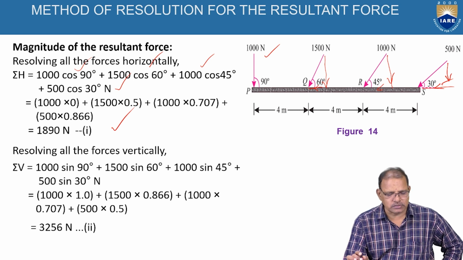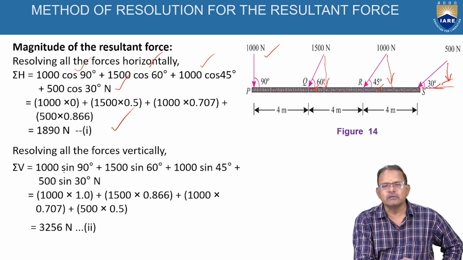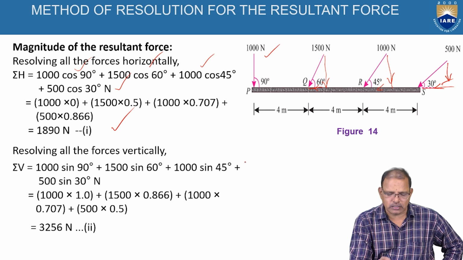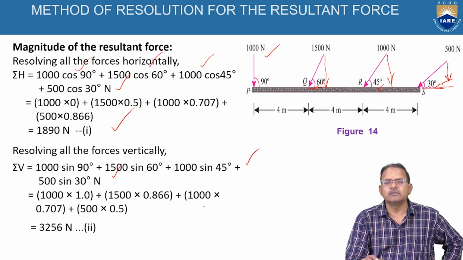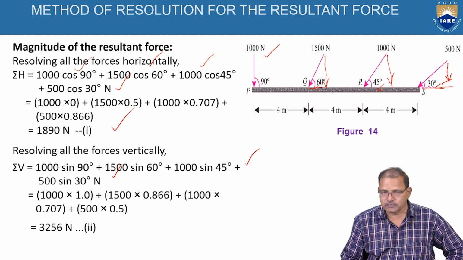Similarly, resolve the forces in vertical directions. So, sigma V is equal to 1000 sin 90 plus 1500 sin 60 plus 1000 sin 45 plus 500 sin 30 newtons, which is equal to 3256 newtons.